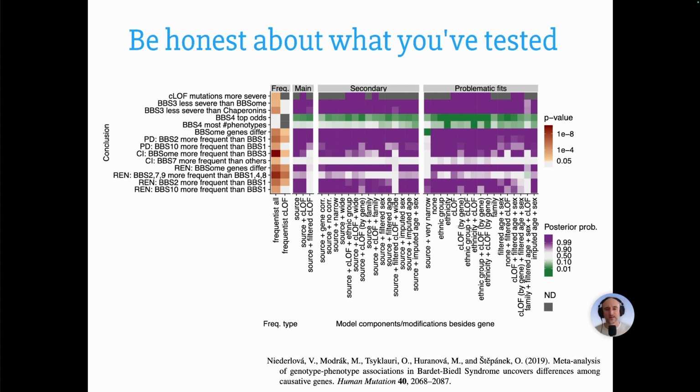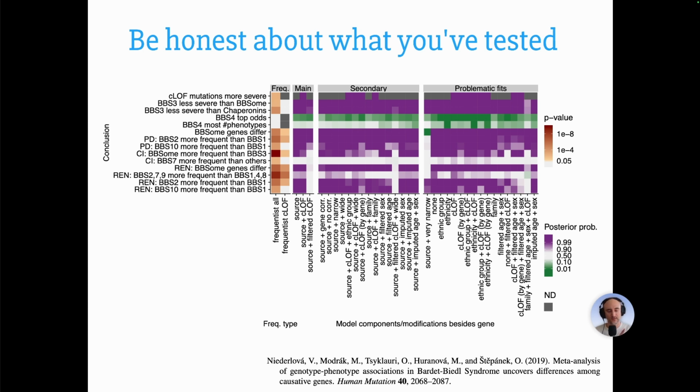So on the y-axis, top to bottom, we've got different hypotheses that are being tested. And then in the panels from left to right, we have a frequentist model, we have the main Bayesian models, they have secondary Bayesian models, and then they have Bayesian models that had problematic fits that they don't fully trust.